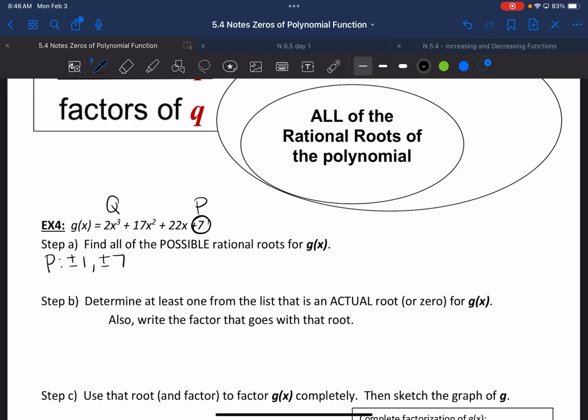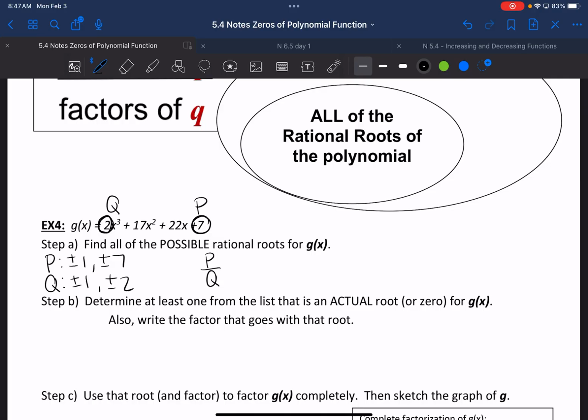Okay, now we're going to do the same thing for Q. Okay, well, Q's coefficient is the number 2. Okay, and what's the only thing that multiplies to give me 2? 2 and 1. Again, could be 2 positives, could be 2 negatives, right? Okay, so positive and negative 1, positive and negative 2. All right, and then remember, they said to come up with all combinations, you divide P by Q, all right?